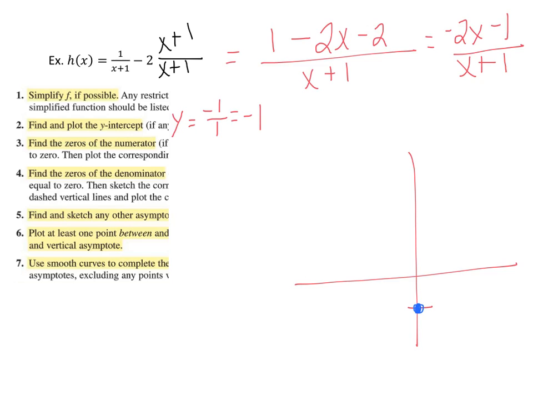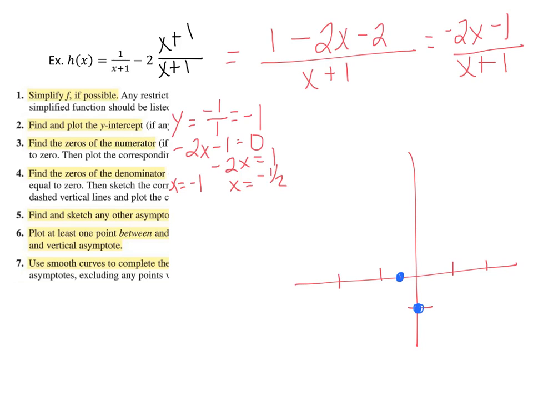Find the zeros of the numerator. Negative 2x minus 1 equals 0. Negative 2x equals 1. So x equals negative 1/2. So I know I'm going to cross the x-axis at negative 1/2. Zeros of the denominator. That's going to give me x equals negative 1.